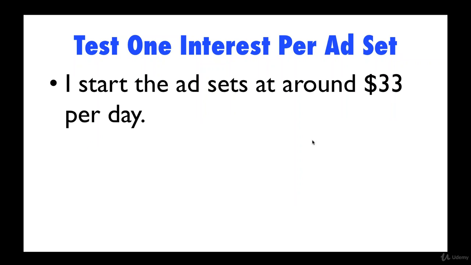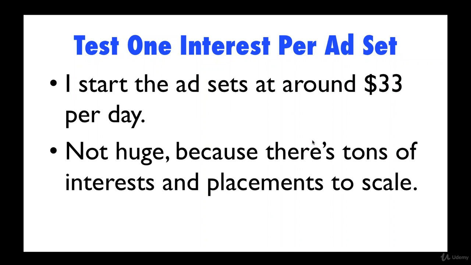Okay, me personally, I start the ad sets at around $33 per day. Okay, I'll say this. I generally start at either 25 or 33 in this phase to test an interest. $25 or $33. I don't know why, those are just numbers I like. Okay, and again, you don't want to go too big here because you're testing a lot of interests and placements.